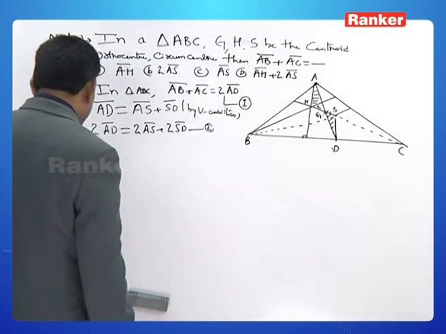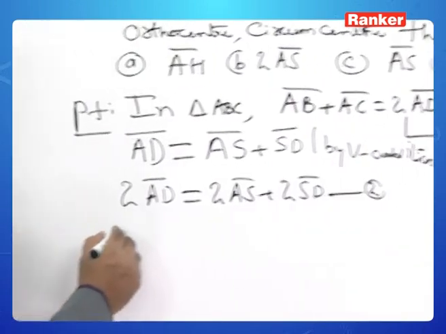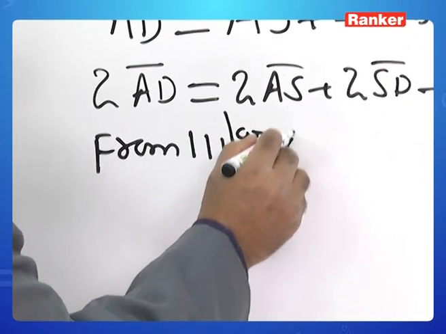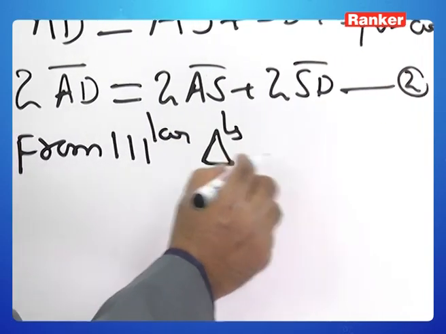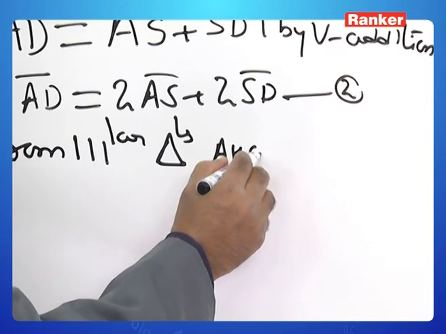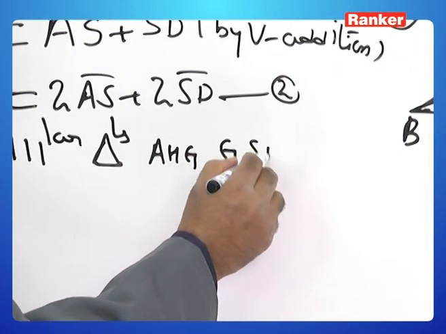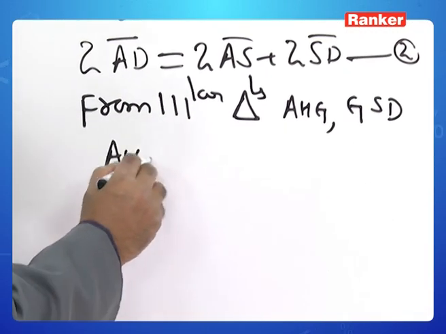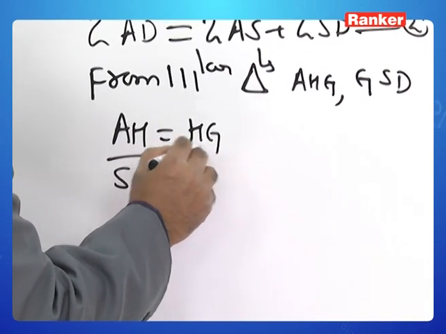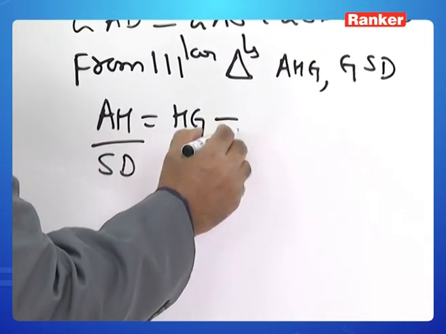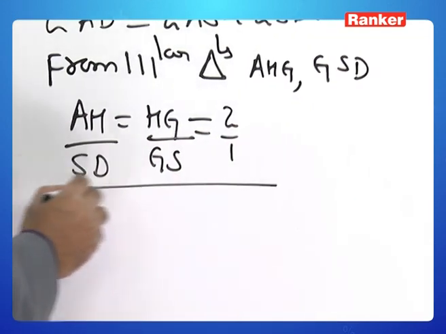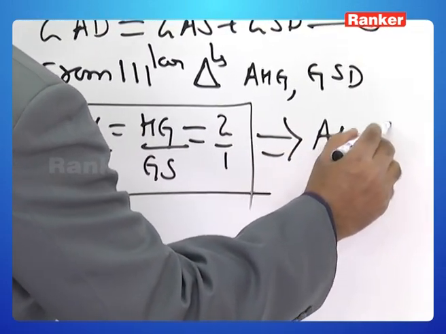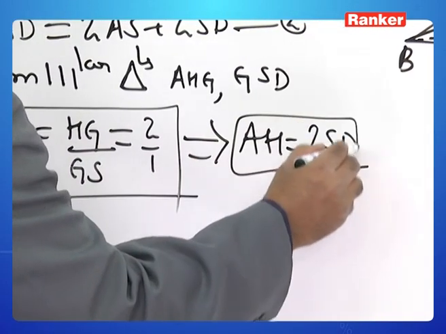So therefore, from similar triangles AHG and GSD, AH by SD is equal to HG by GS is equal to 2/1, which implies AH is equal to 2 times SD.